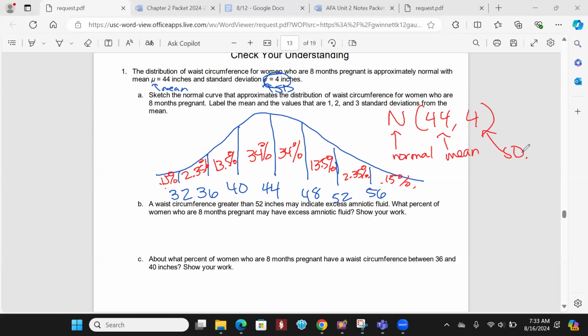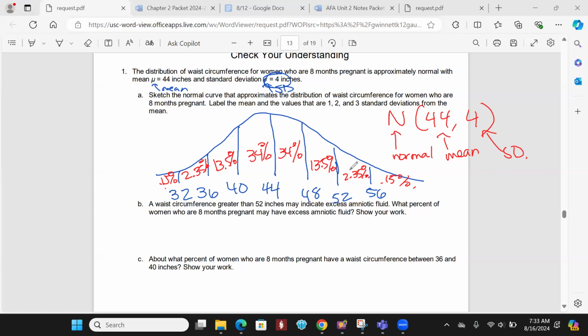Okay. On part B, a waist circumference greater than 52 inches may indicate excess amniotic fluid. What percent of women who are 8 months pregnant may have excess amniotic fluid? How would we solve this? You go to 52. Okay. And you put it to the right side. You get 2.5%.